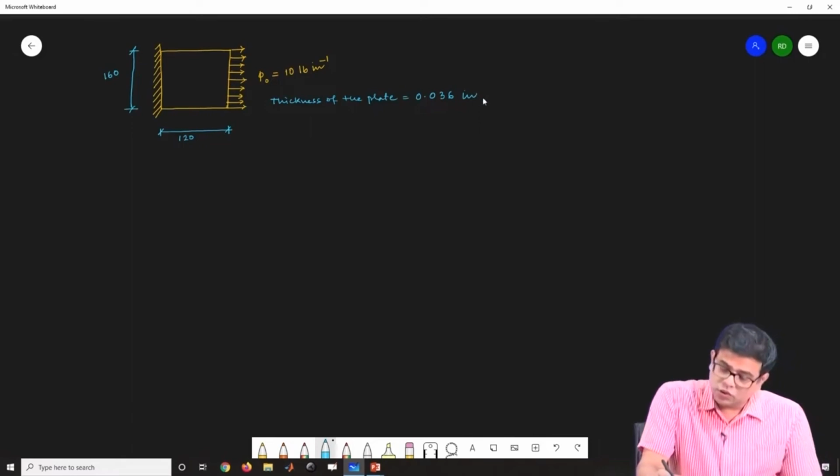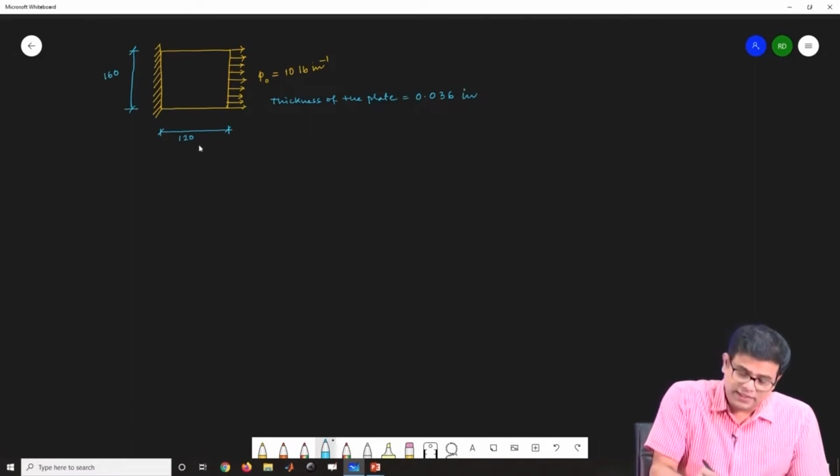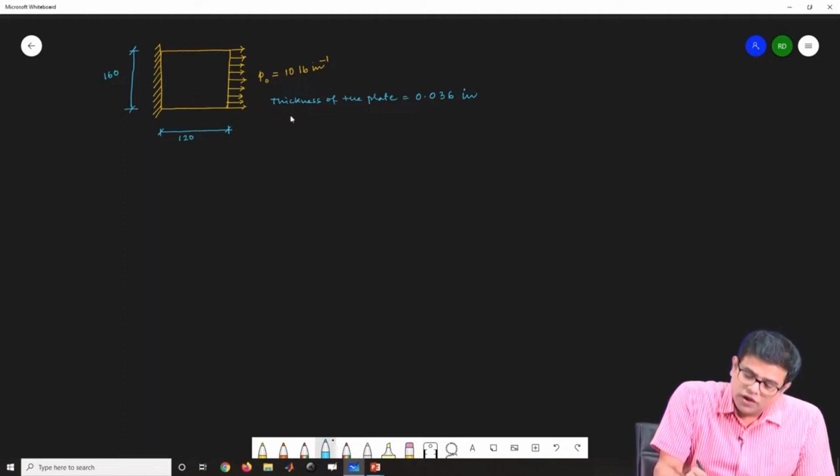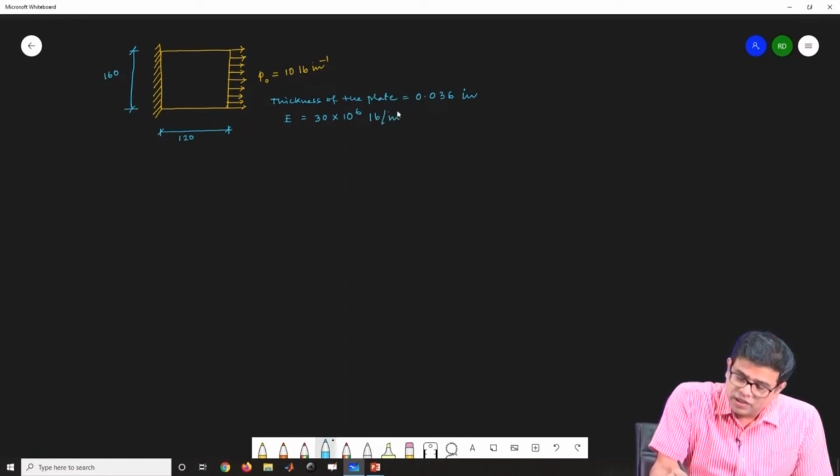The Young's modulus E is 30 into 10 to the power 6 pounds per inch square. You also need Poisson's ratio, and 0.25 is the Poisson's ratio.